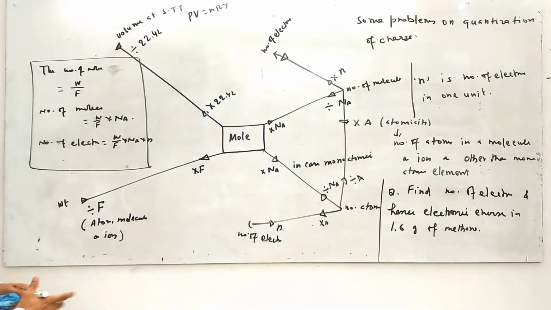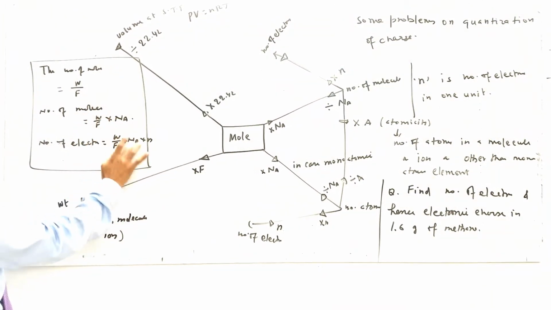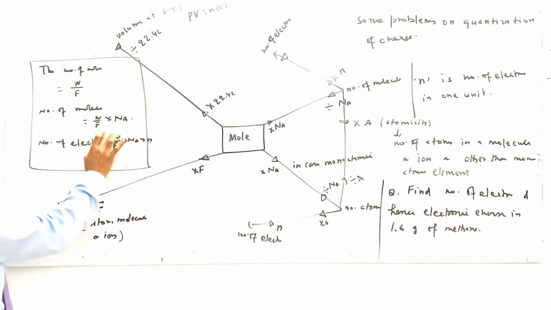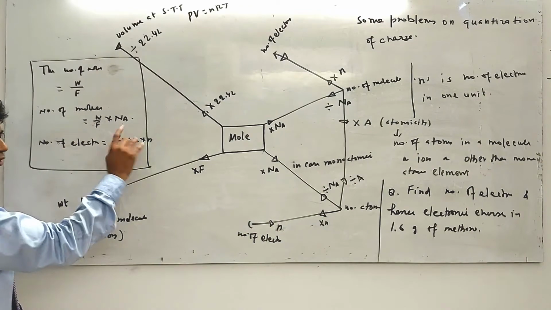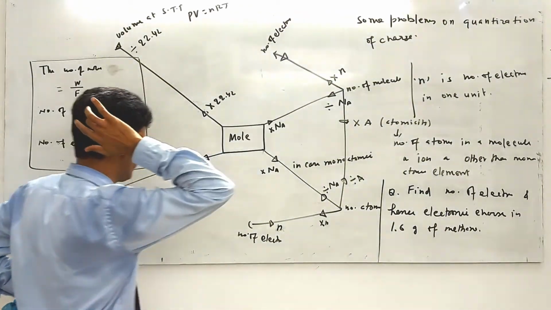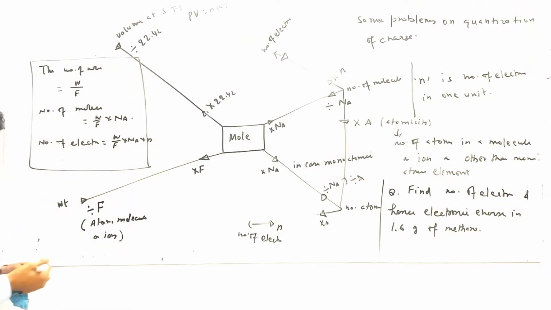Now we have to find W, F, Na, and n. W is already clear, 1.6 gram. Na we all know, 6.022 into 10 to the 23. F we have to find, and small n we have to find. Let us see here.